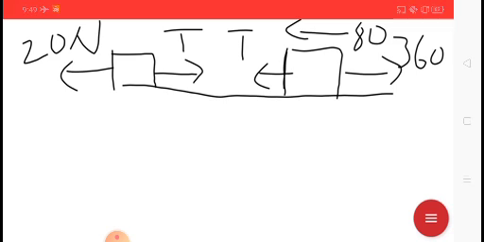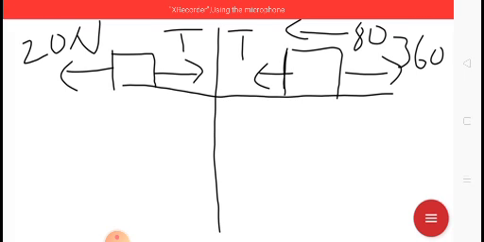So actually this is one system, right? You have two components, one is the car and one is the trailer, so we separate them into two sides. For the trailer we can form an equation.